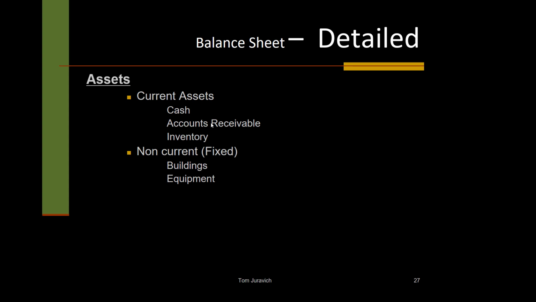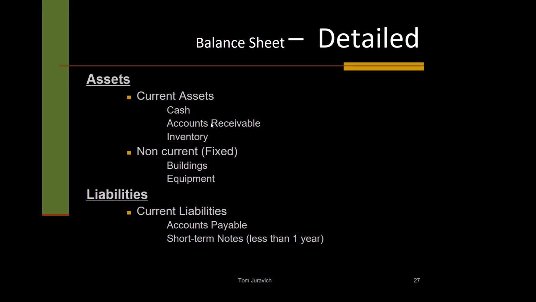And again, you can see why it's important to break down assets into those that are convertible to cash and those that are not. We do a similar thing with liabilities. The current liabilities are accounts payable or any short-term notes that are payable, for example, in less than 1 year.